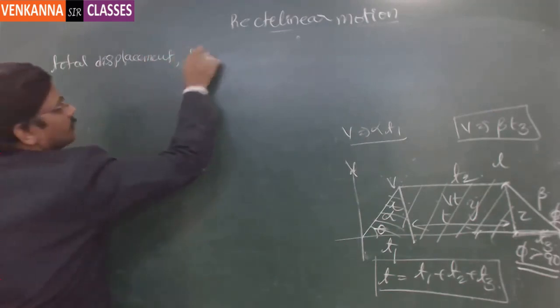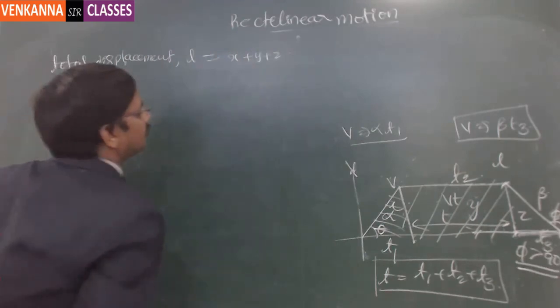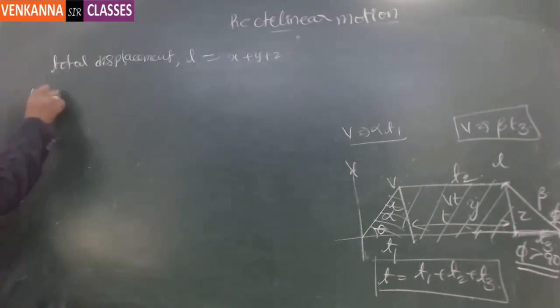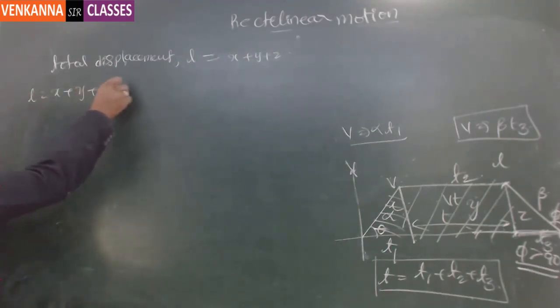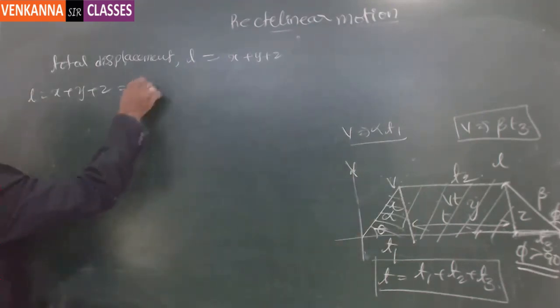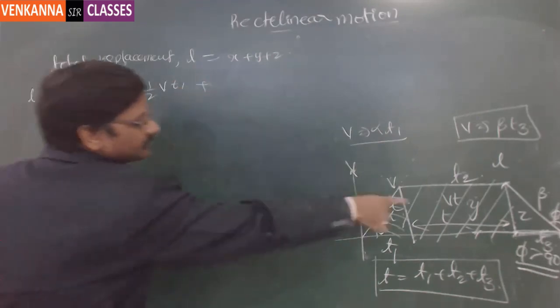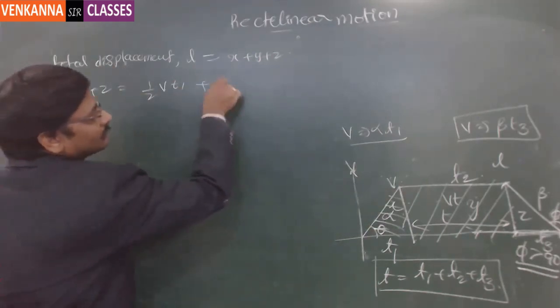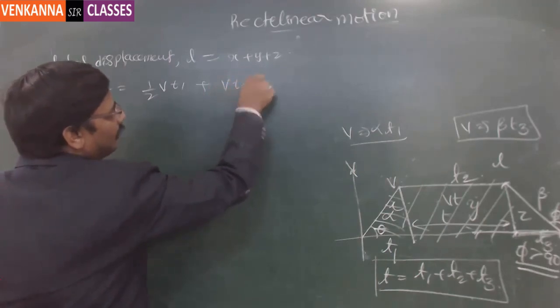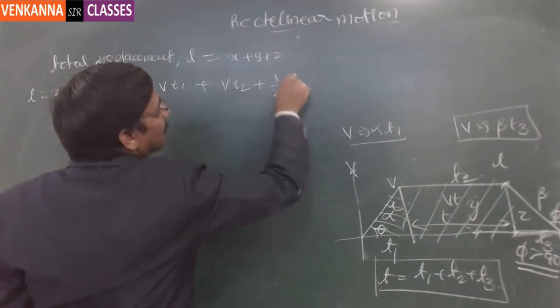Now the total displacement, that is what is L. He has given x plus y plus z as the L value. Now this L value, x plus y plus z, we can calculate. This x is the area under this curve, which is half base into height, plus y is the area under the other curve, that is v times t2, and the third one is half base into height.